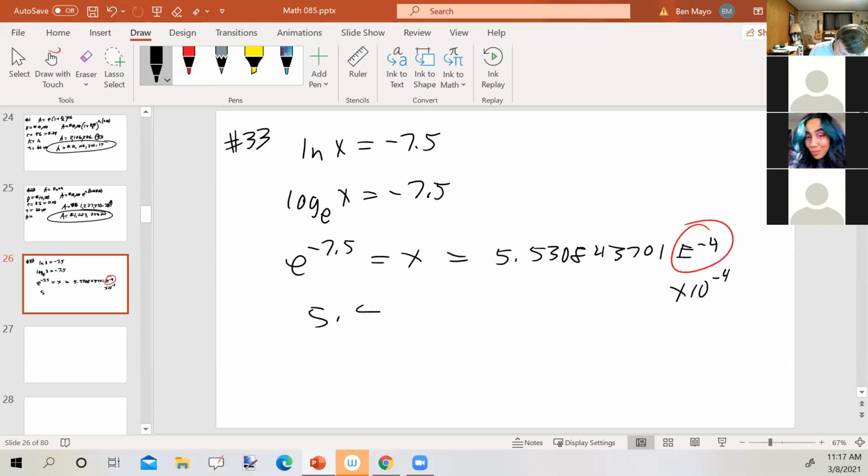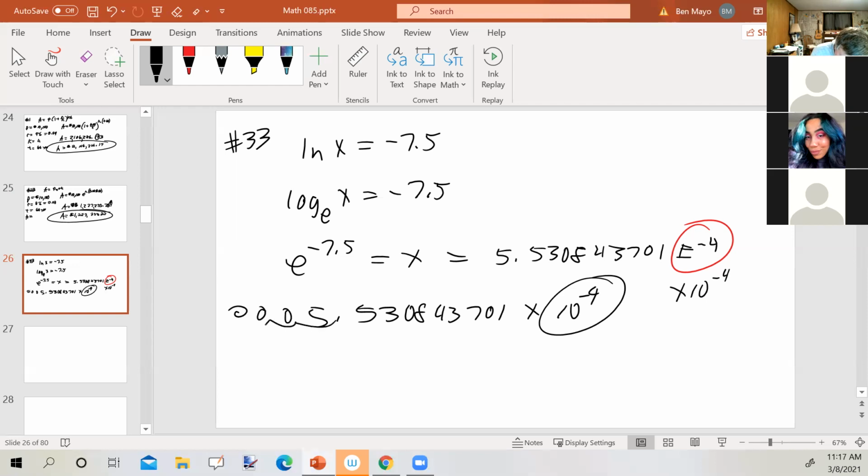So if I got 5.530843701 times 10 to the -4 power, and I wrote that number not in scientific notation, what does 10 to the -4 power do? To change that, you'd move the decimal point to the left 4 places. So 1, 2, 3, 4.